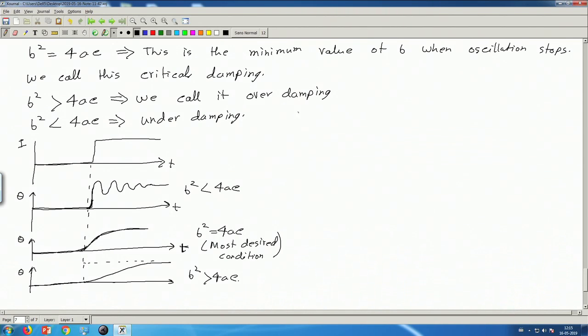Now, how can we achieve b square equal to 4ac?